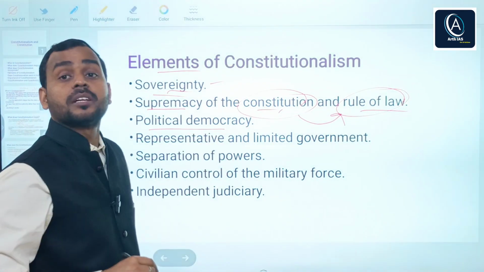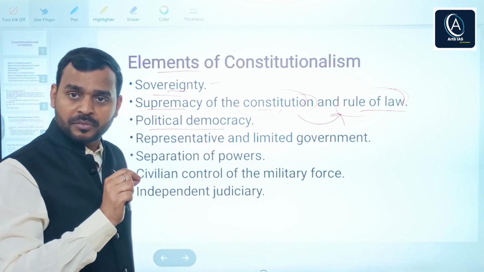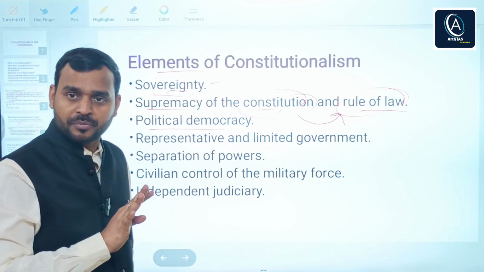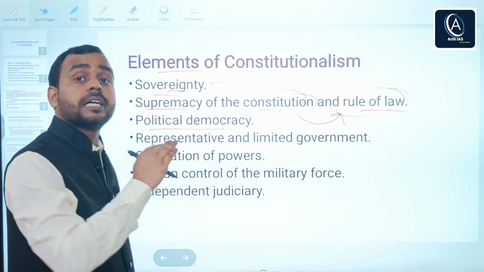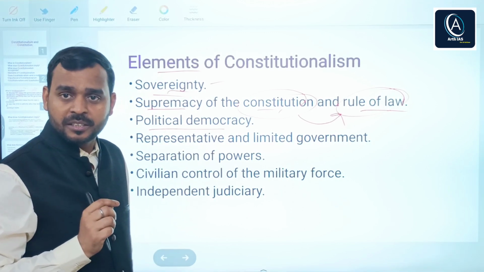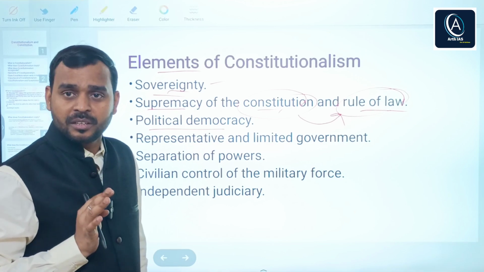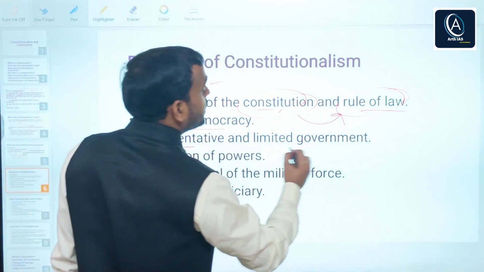Political democracy. Political democracy simply means that common people, or citizens, are able to participate in the electoral procedure. They can participate in the election, and they can cast their vote freely. Again, representative and limited government.